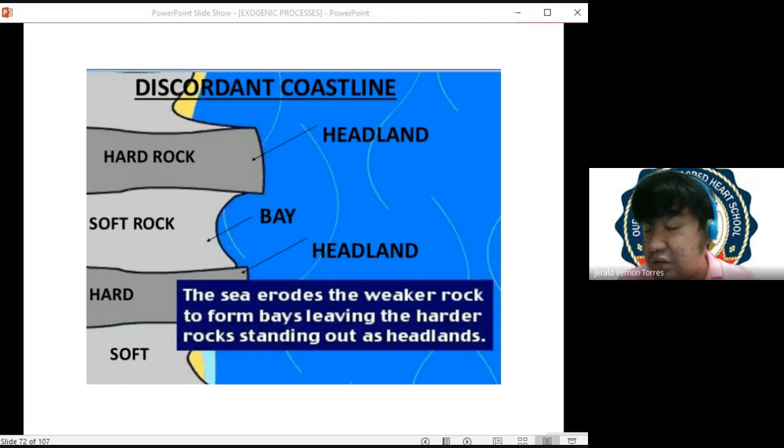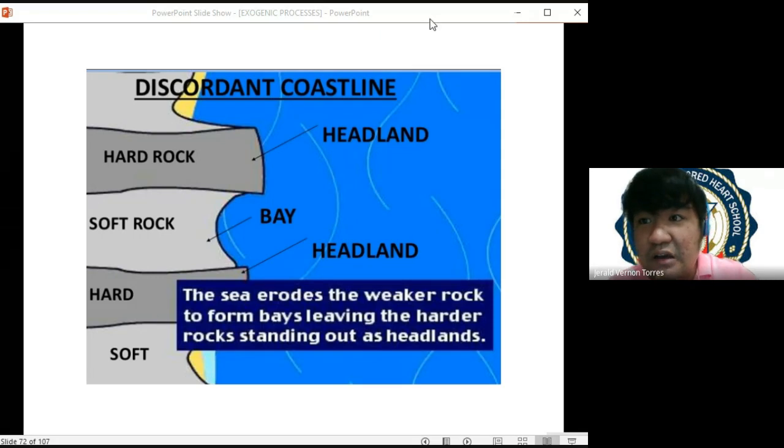Usually this soft rock is made up of limestone and chalk. Based on your understanding so far, which will erode first, the hard rock or the soft rock? Go ahead, David. Because it is made of limestone and chalk, it's easier to erode.